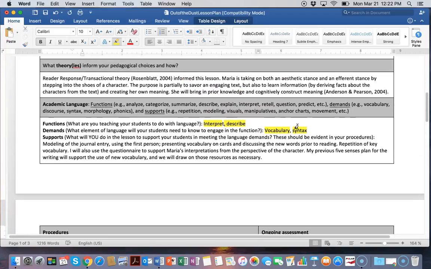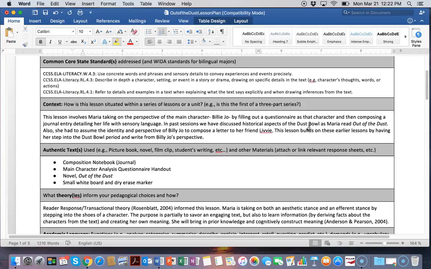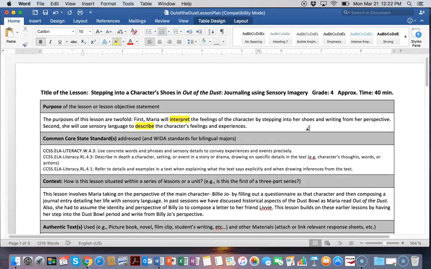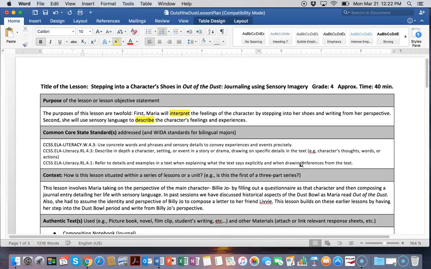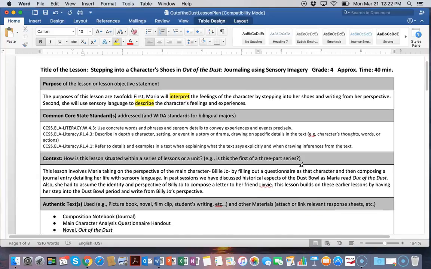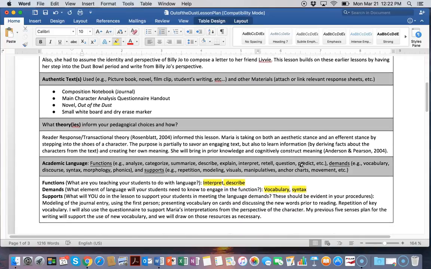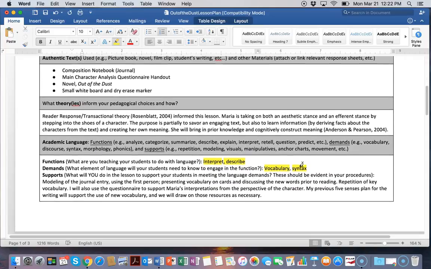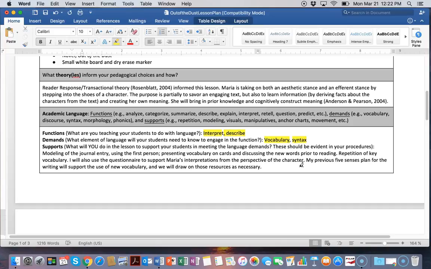Now, syntax is another one, and you may not have thought of syntax when you looked at the purpose of the lesson, but because this tutor is asking her student to write from the perspective of Billy Joe, this is going to require that the student write in the first person. And because her student is an English language learner, that may not be entirely obvious to the student how to do that.